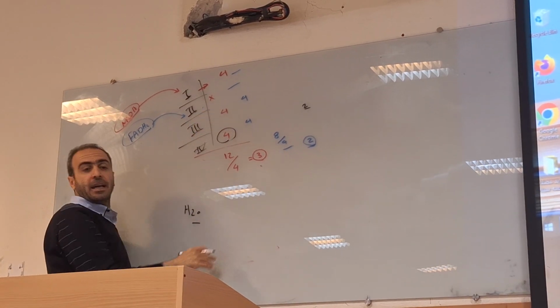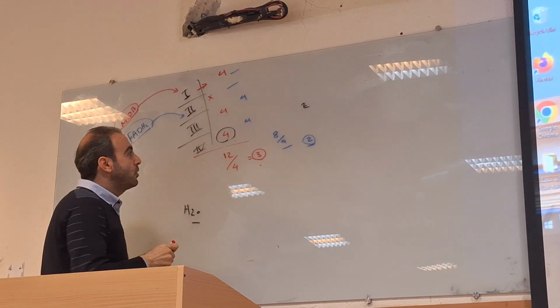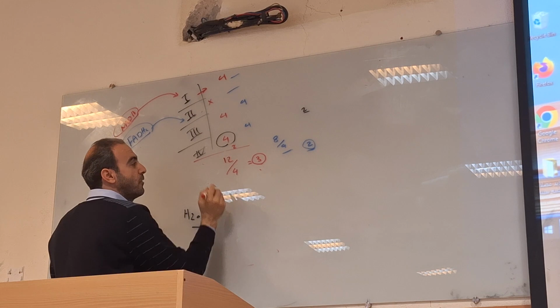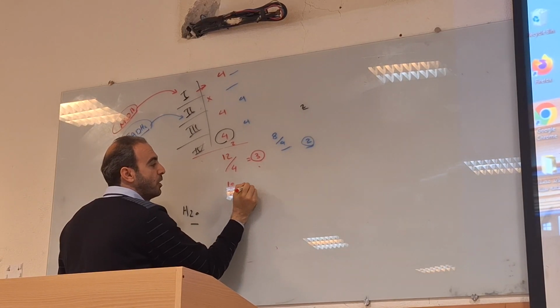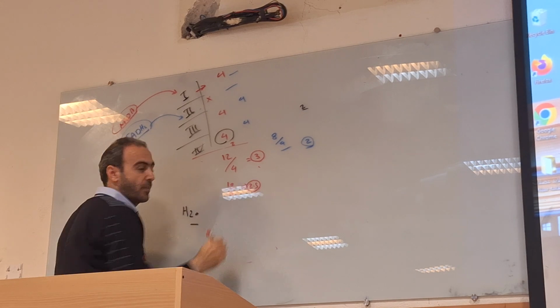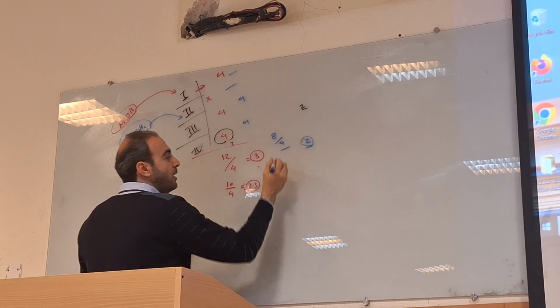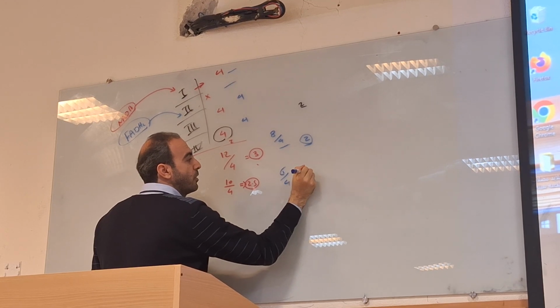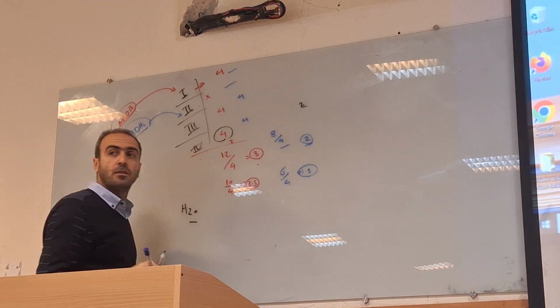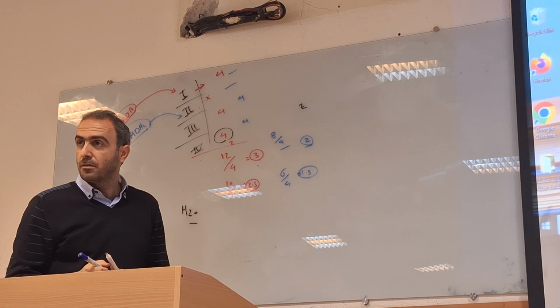So again you can calculate it. If you put 2 here, instead of 12, you have a 10. 10 divided by 4 is 2.5. And here, instead of 8, you have a 6. It is 1.5. Yes. Isn't it clear?